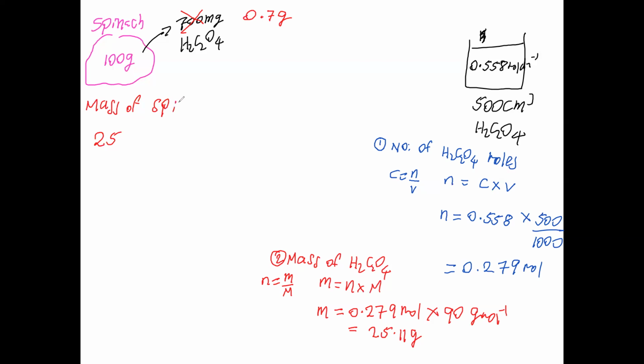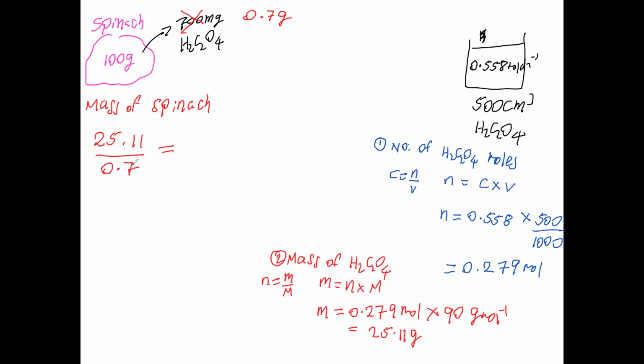How to find it? Now, 25.11 means how many 0.7s? Let's find that one. So 25.11 has how many 0.7 grams?